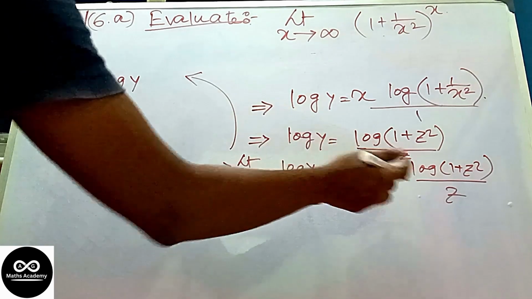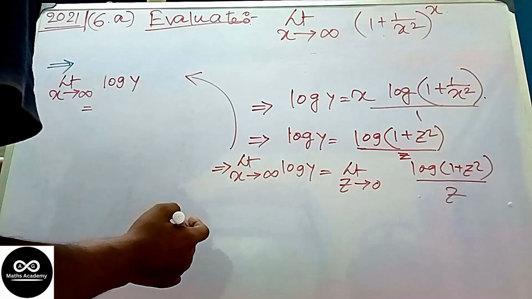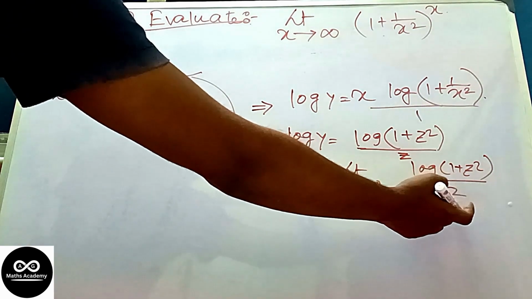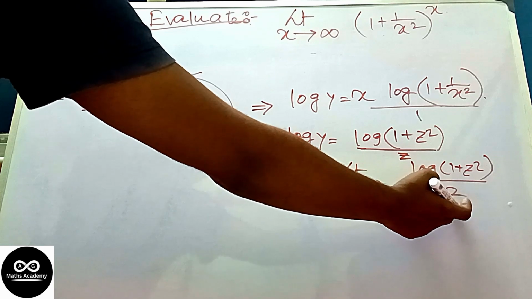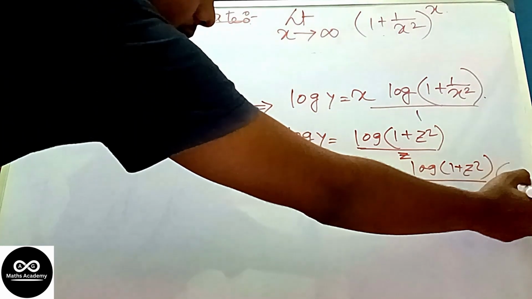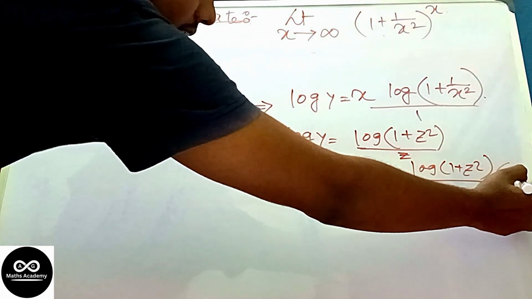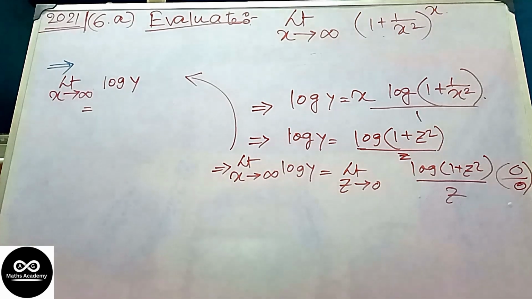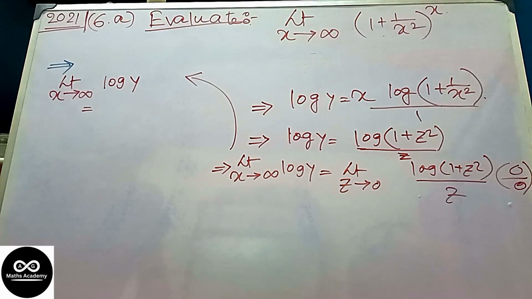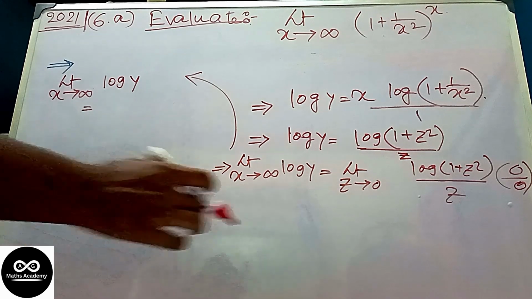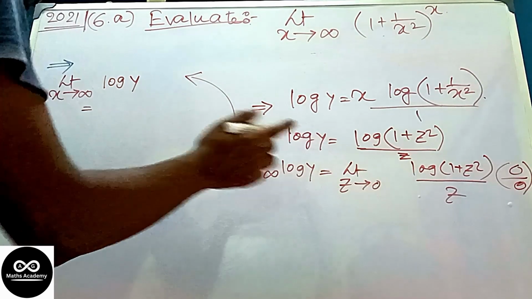This will be log of 1, which will be 0, and z equal to 0, so the denominator is also 0, so this will be 0 by 0 form. Then now we are going to use the L'Hopital rule here.